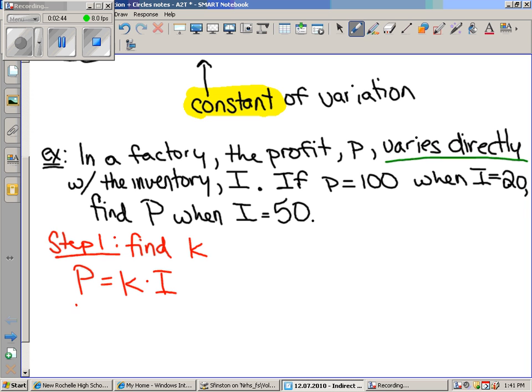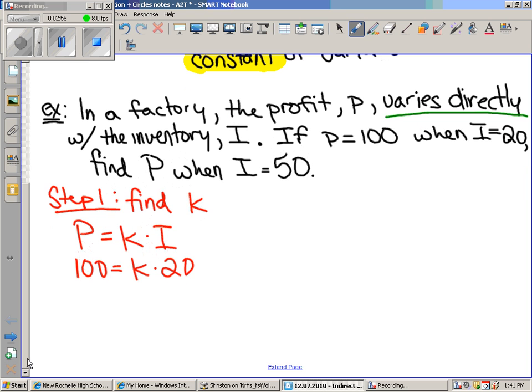Okay, so this is going to be 100 equals k times 20. Divide both sides by 20. Turns out k is 5. All right.